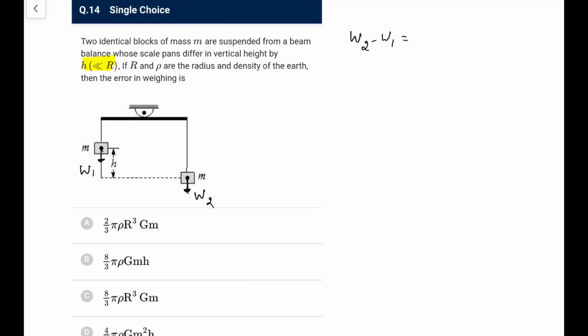Let's say above the surface the heights are H2 and H1.